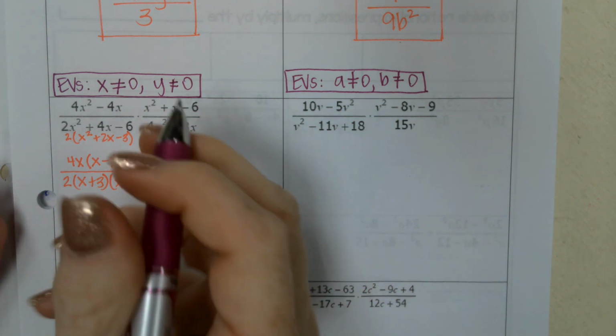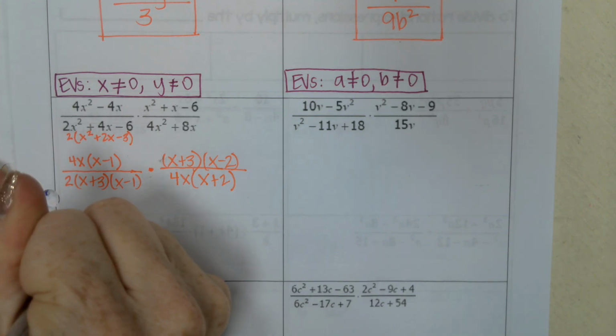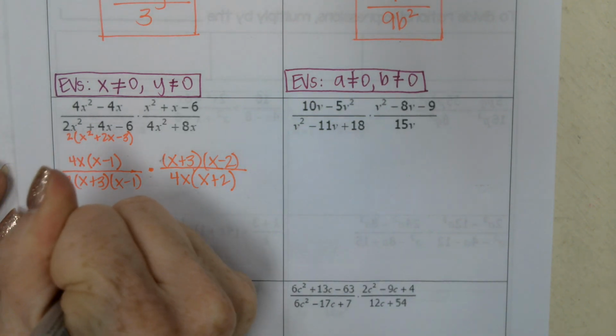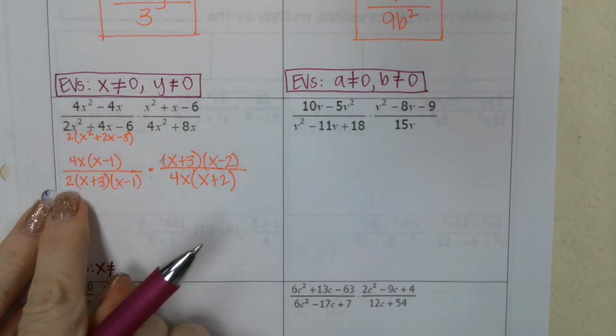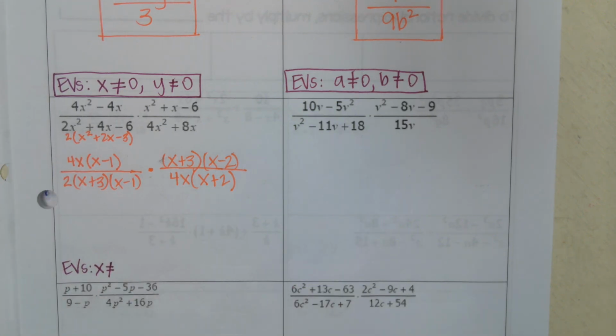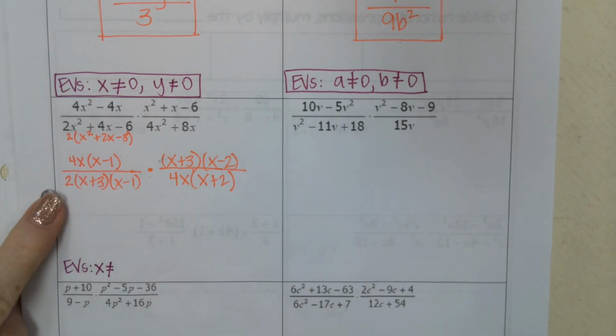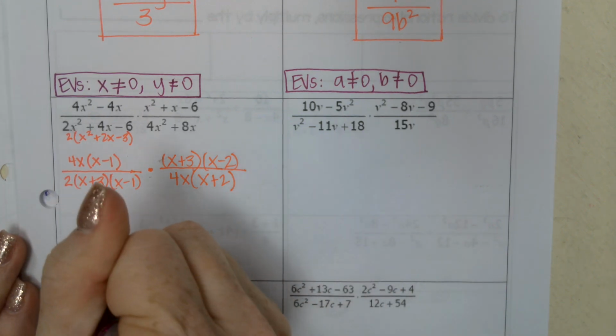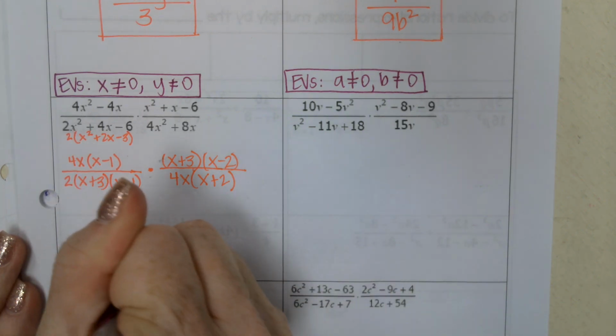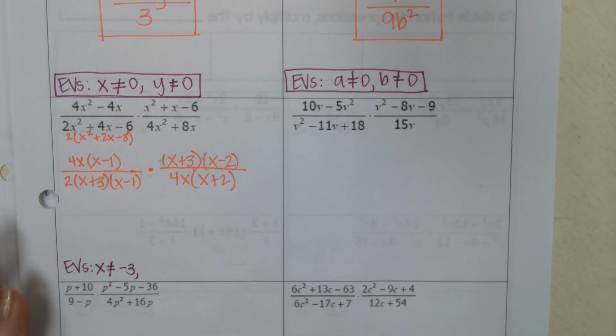Before I cancel any of these out, I want to identify all of my excluded values. Do I care about this 2? Why not? It doesn't have a variable. So I'm going to go to the next one. I know that x cannot equal negative 3.